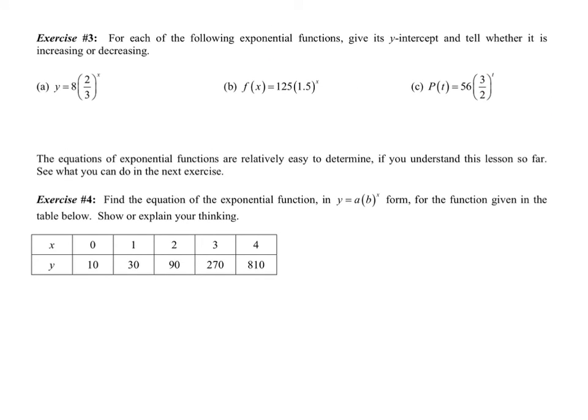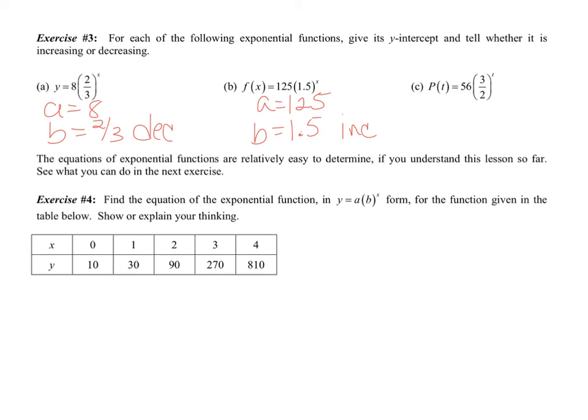Let's do some quick practice here, identifying the y-intercept and telling whether it is increasing or decreasing. Let's go to A. My y-intercept, my a, equals 8, and my b equals 2/3, so that represents something that is decreasing. Let's go to B. My a, or my y-intercept, is 125, and my b is 1.5, which is greater than 1, so I am increasing.